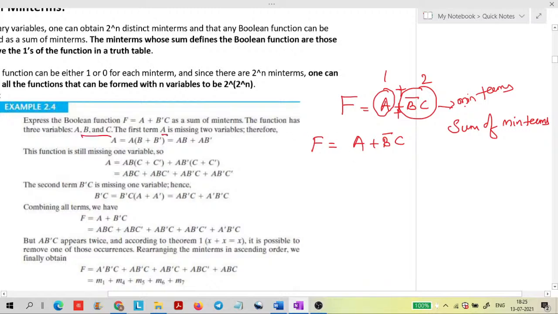The first term a is missing two variables, so we need all three variables. Here we can write this as a into b plus b bar, because b plus b bar means 1. So ab plus ab bar.